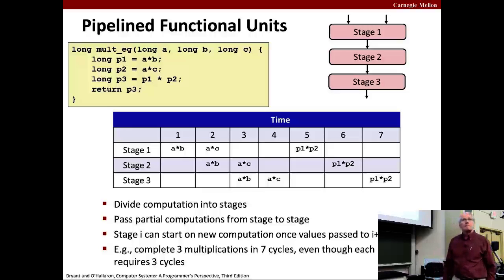Question: If there was more than one core, would it be possible to do 2 stages at the same time? If you had, like in this picture, different multipliers in these different places, yes, you could do those 2 completely independent of each other. Question: Is all of that, the multipliers and everything, what would be in a core?